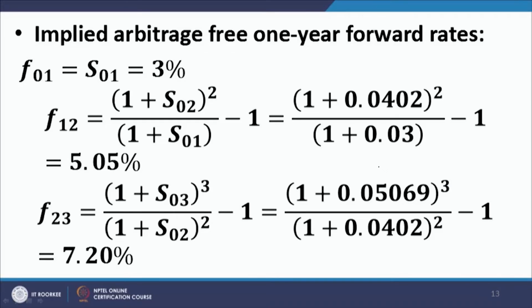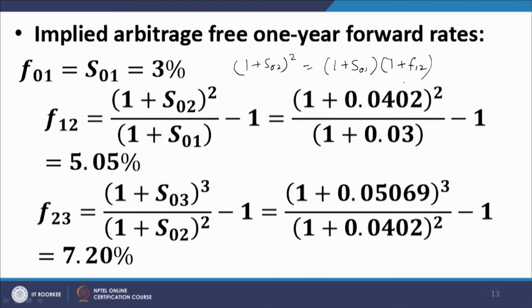Obviously, the forward rate for the first period, that is F01, is equal to S01, which is 3%. As far as F12 is concerned, that is the forward rate from t equal to 1 to t equal to 2, we use the principle of no arbitrage. What does the principle of no arbitrage tell us? It tells us that 1 plus S02 whole square is equal to 1 plus S01 into 1 plus F12.